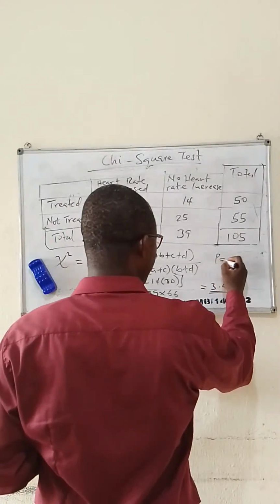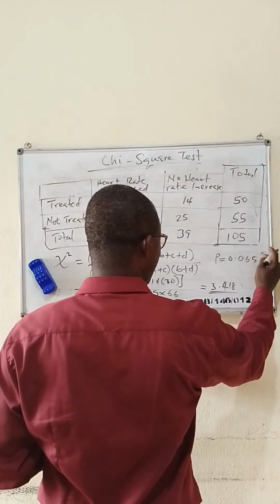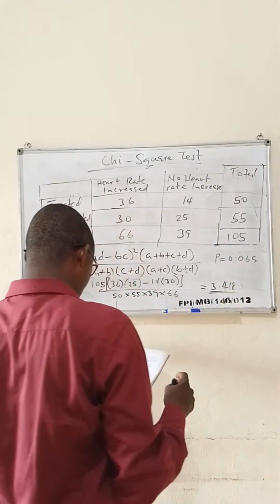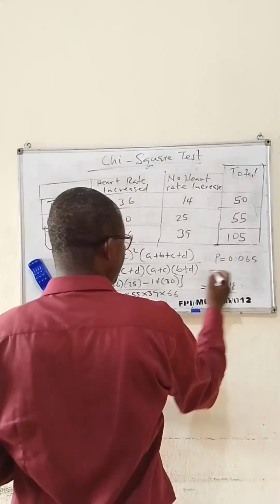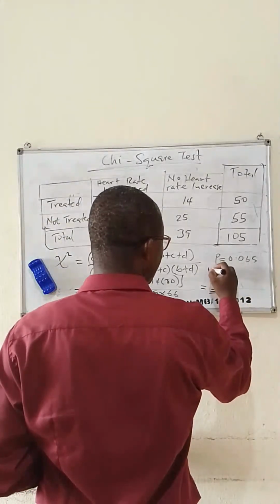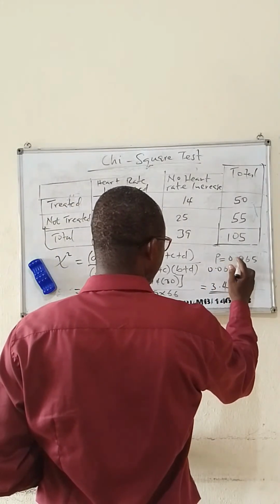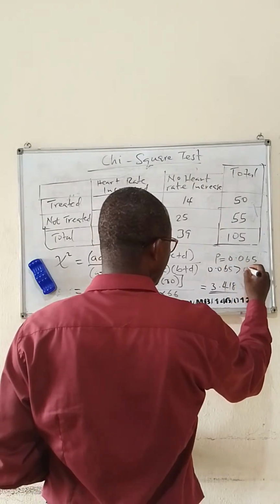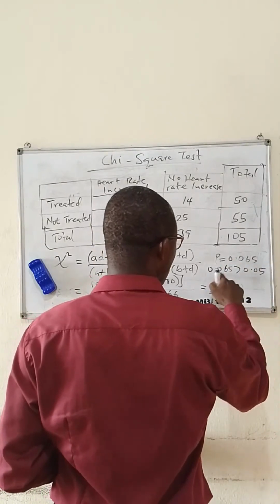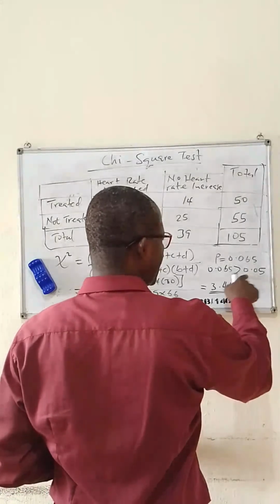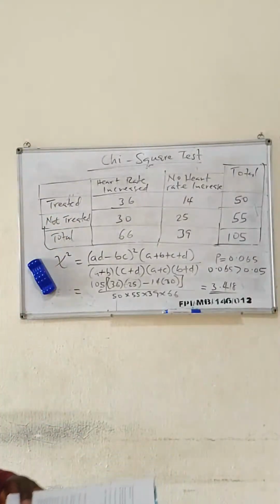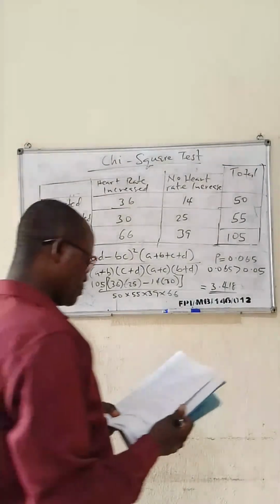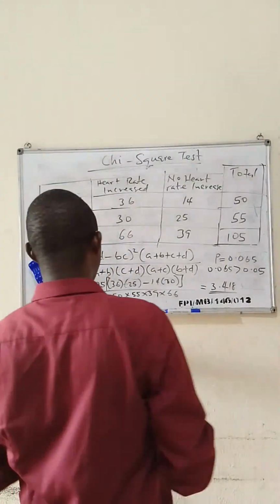The p-value is 0.065, which is actually greater than 0.05. So our own p-value is greater than the standard 5%. For that reason, we fail to reject the null hypothesis.